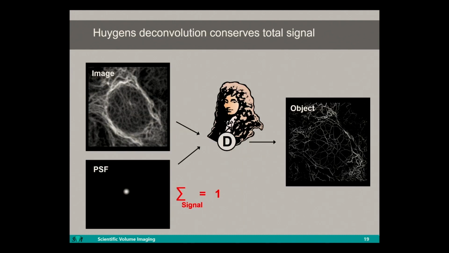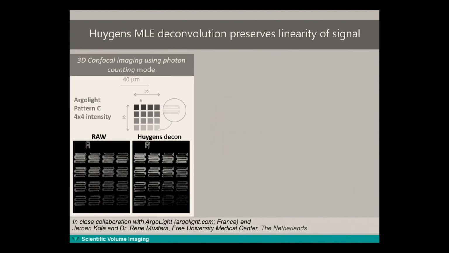Huygens deconvolution conserves the total signal. That can happen because the sum of the intensities in the point spread function equals 1. So in this equation, energy is conserved. Then if we look at the linearity of signal, if you image patterns with an increase in intensity, so this sample is the Argo light sample, the 4x4 intensity sample, the patterns that increase in signal.